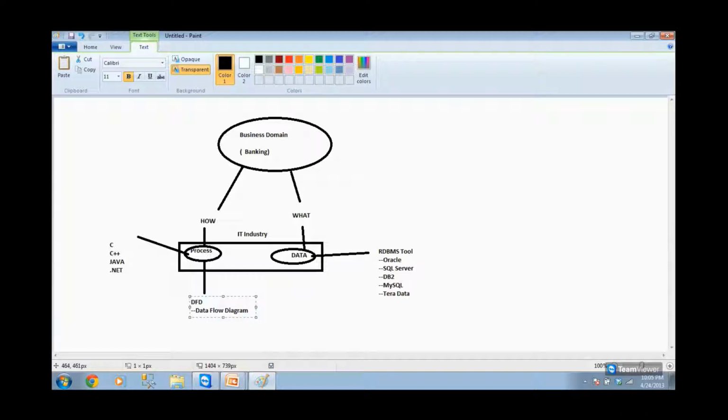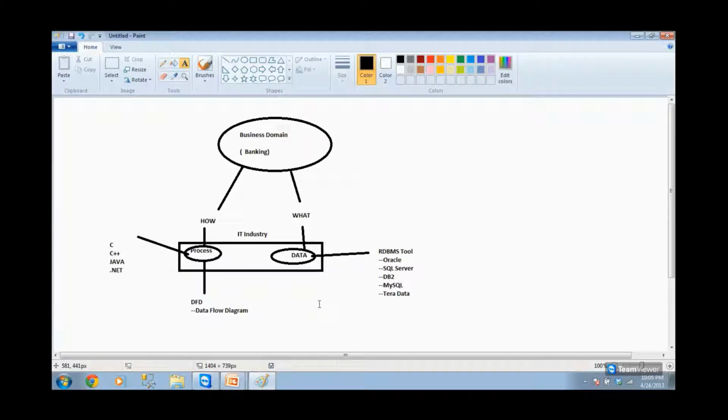DFD is used to understand a company's process. For example, I would like to understand how the funds will be sent from one account to another. You give me a diagram, and that diagram will explain the process to you. So the DFD will be a diagram like that.